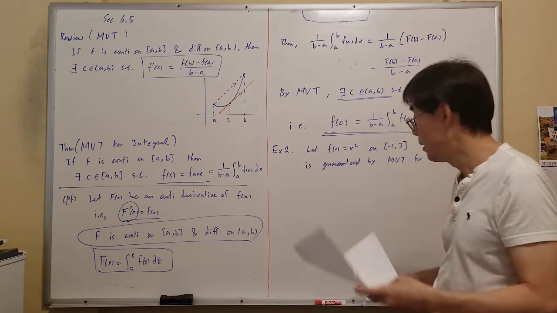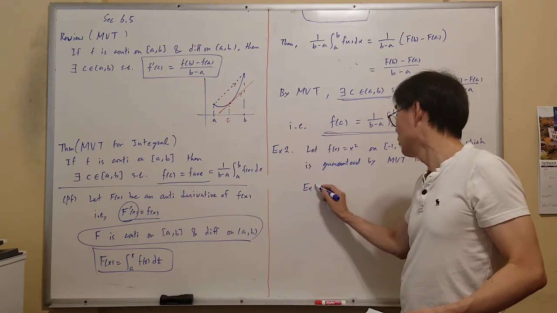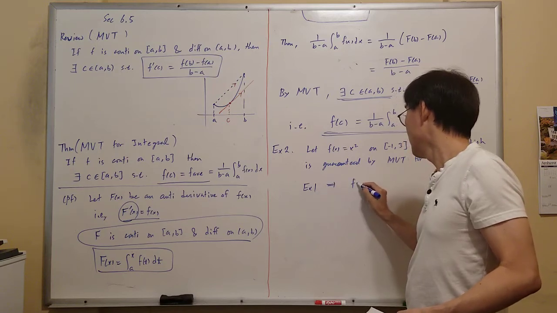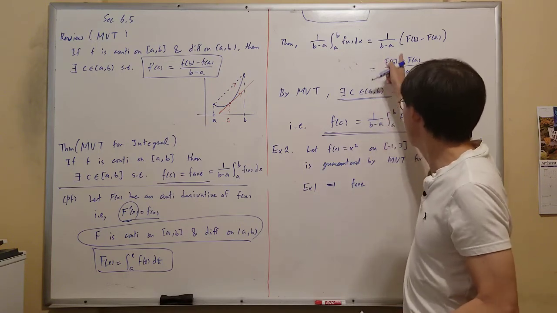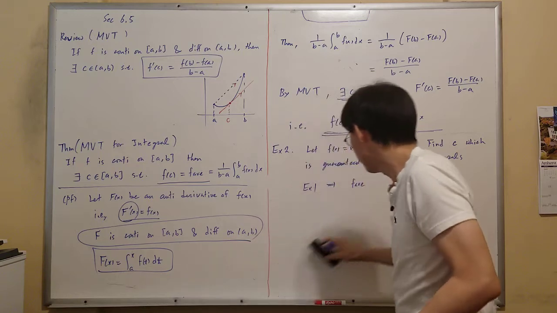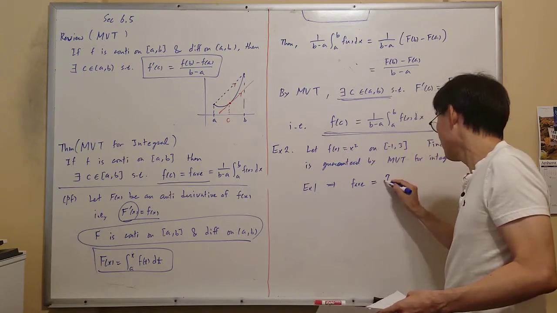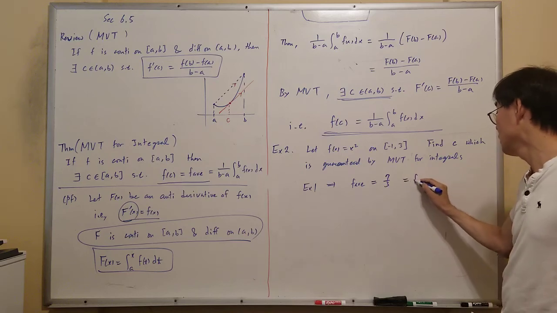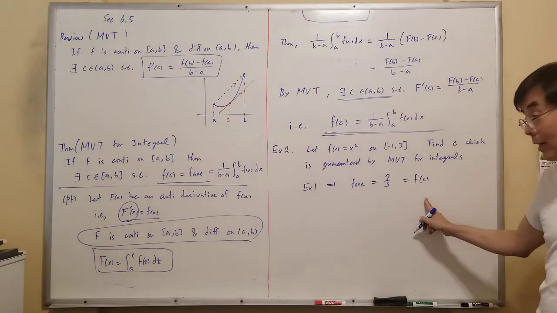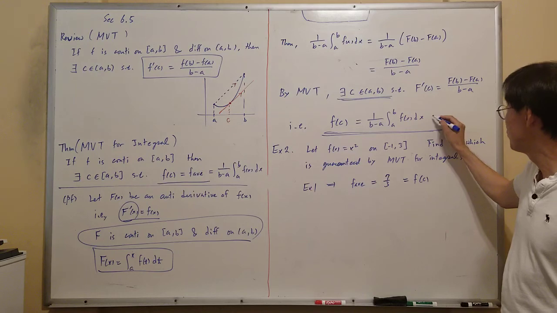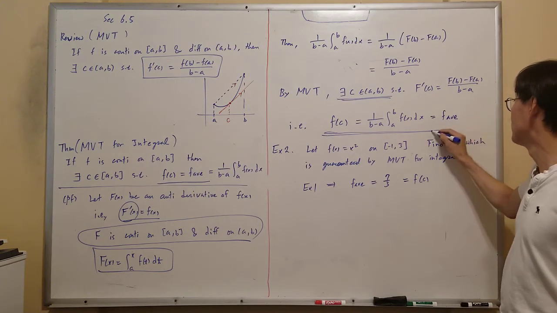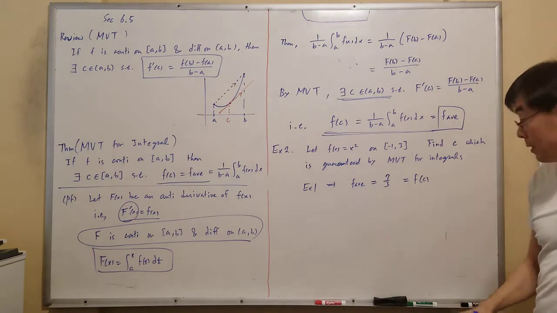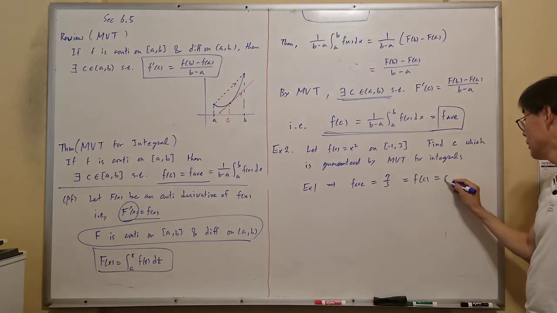In example 1, the average value was 7 over 3. Now we want this to be equal to f of c, right? F of c equal to the average value, and this is c squared.